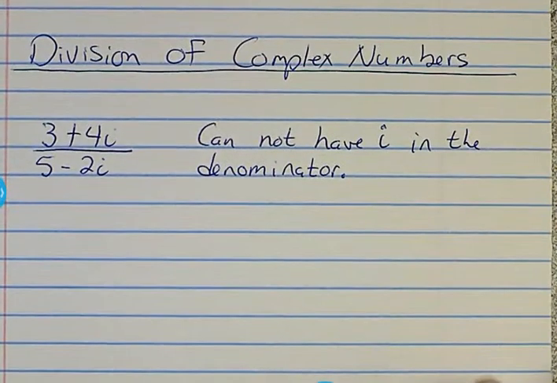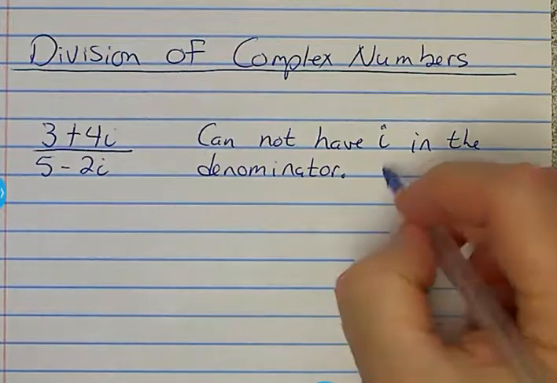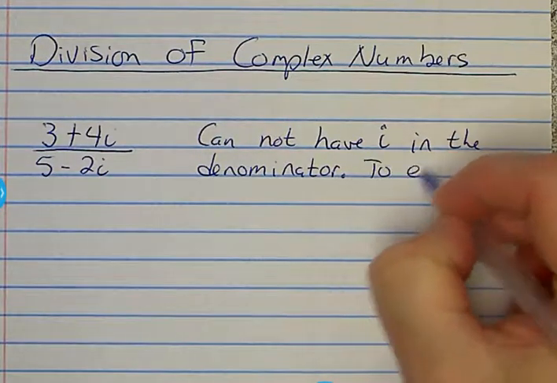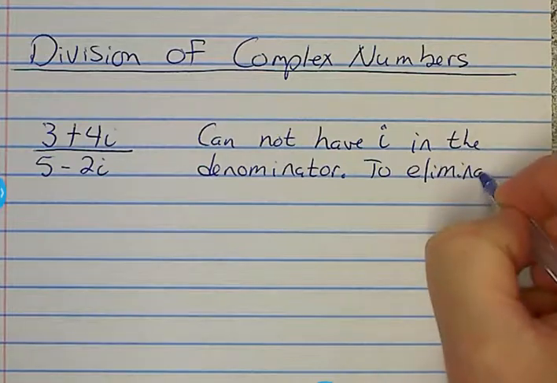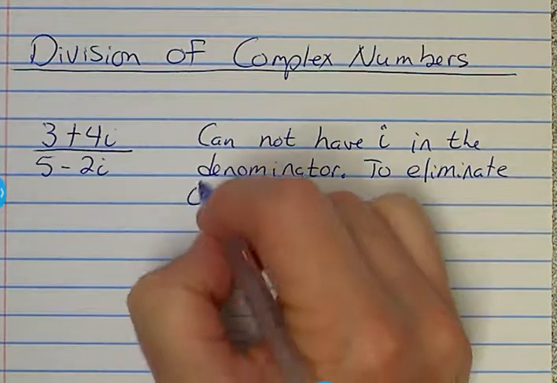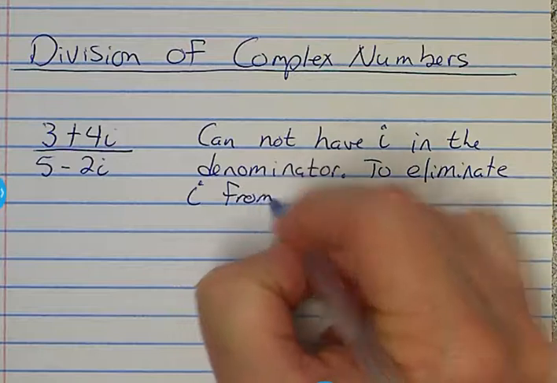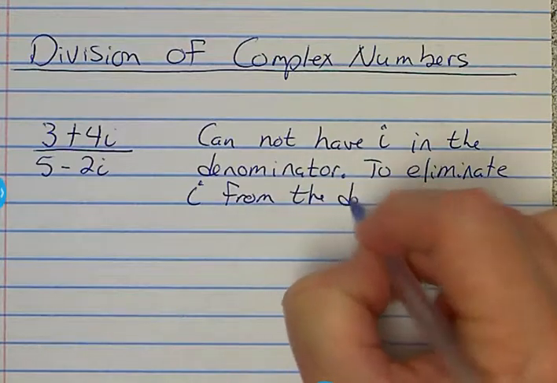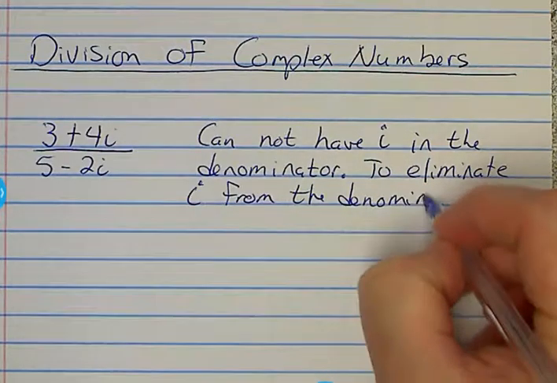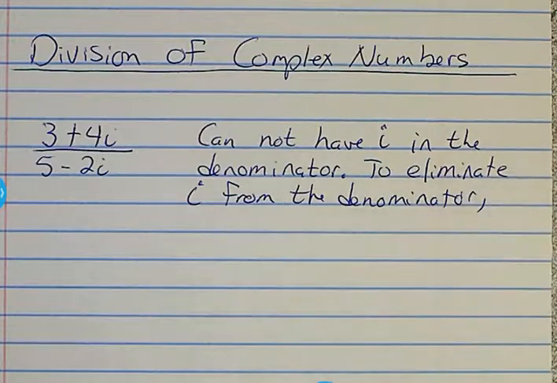When I talk about division, the one thing they don't want is the i in the denominator. So to eliminate the i from the denominator, we're going to do one thing. And this is where it's going to be more of a multiplication problem than really division.